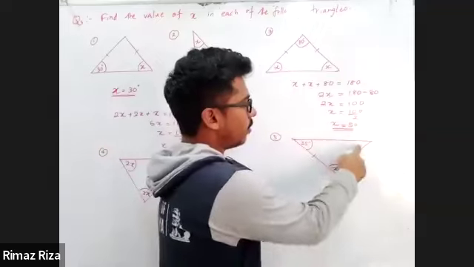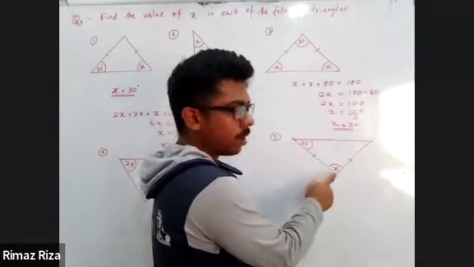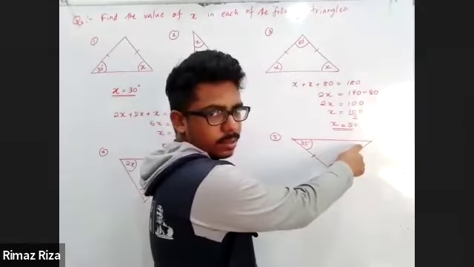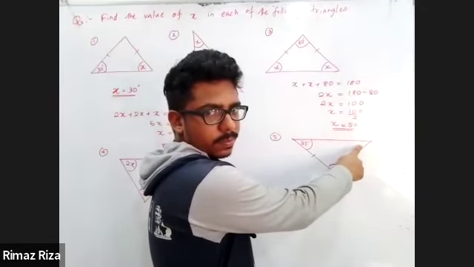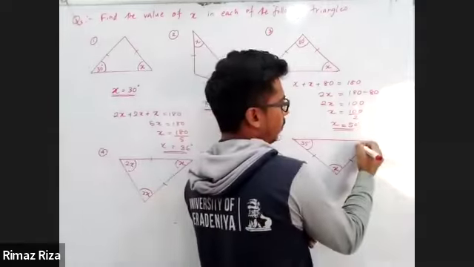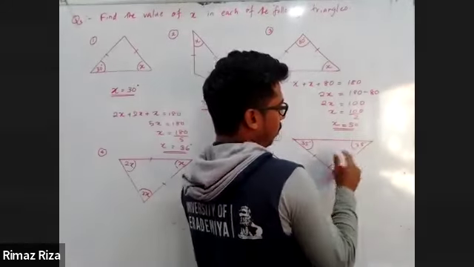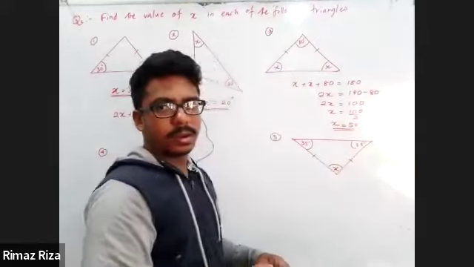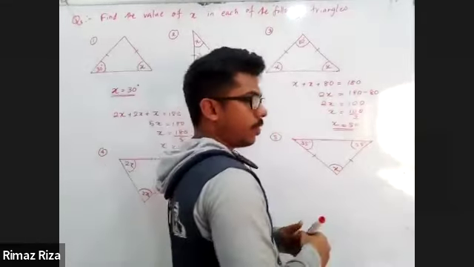So what are the opposite angles? This and this, no. So how can x come? This is equal to this. So what is this angle? 35. So then you can now write 35 plus x equals 100 and find it.